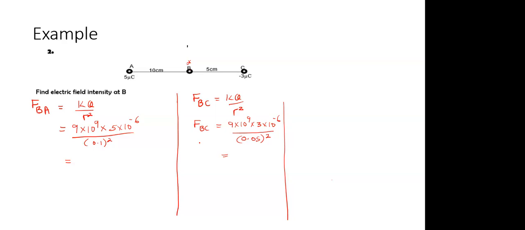Riomi is saying he is getting 4.5 exponent 6 newtons per coulomb, and on this side he is getting 1.0 times 10 power 7. Okay, that is according to him. The rest also get yours.